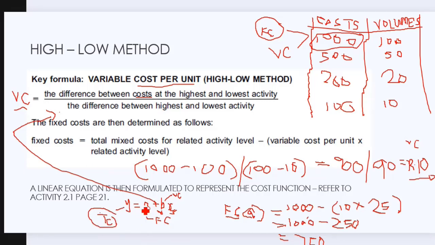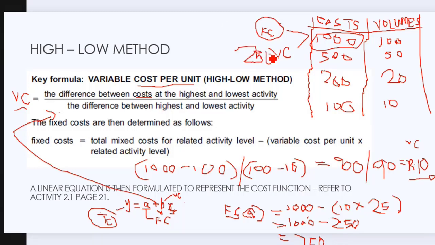So I have 1, 2, 3. What am I left with? The A. So let me solve for the A. You do the calc, you get that the A is 750. So now you know the split between that 1,000 to say that variable is 250.